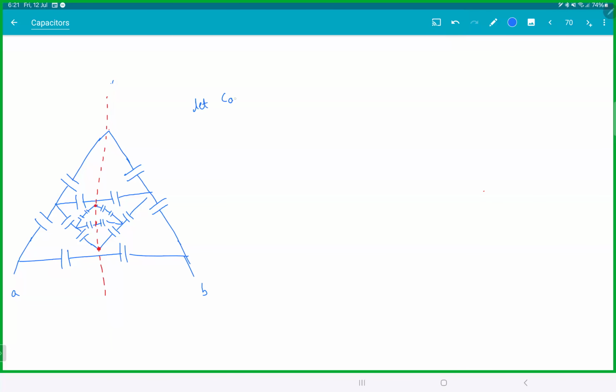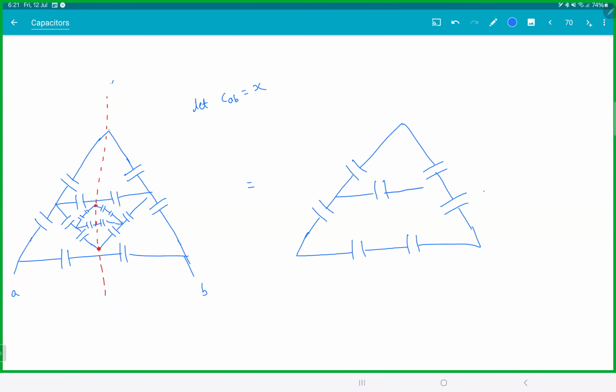Now let's see A, B equal to X. That means this whole branch, I can write it as, you can replace the entire mid in the infinity with an X. Now this C equivalent is equal to again X. Got it?